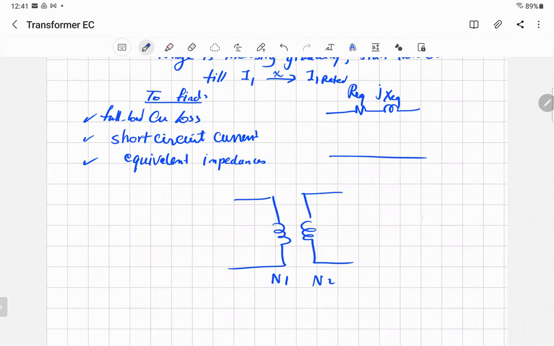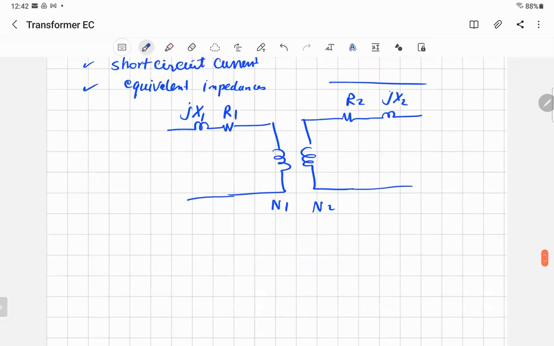This one has its own winding impedance, R1 and jX1. And the other side, N2, has its own resistance and inductance, so you will have R2 and jX2. And as you know, you cannot work in two separate circuits. You have only one circuit.